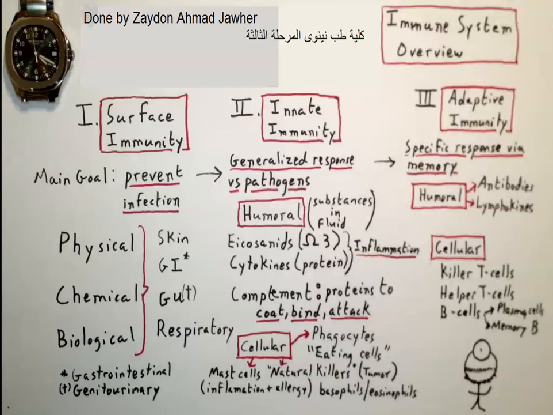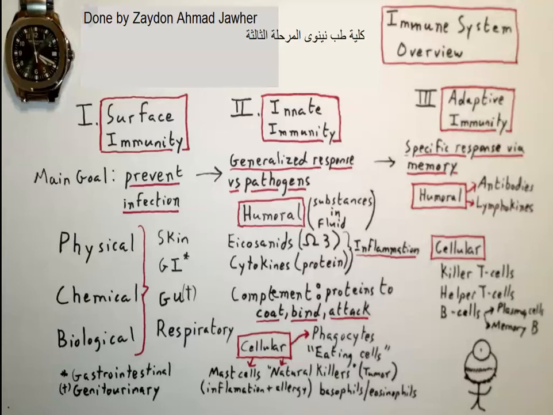The adaptive is specific, but the innate is not specific. It just kills anyone, like an airplane that drops bombs into the cities and kills anyone. So it does not possess immunological memory.